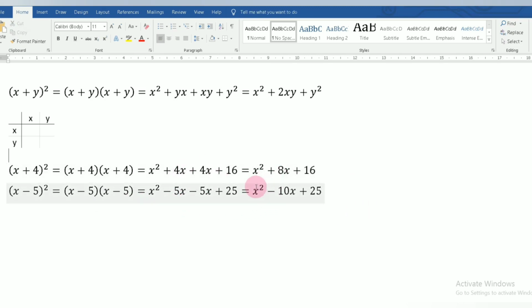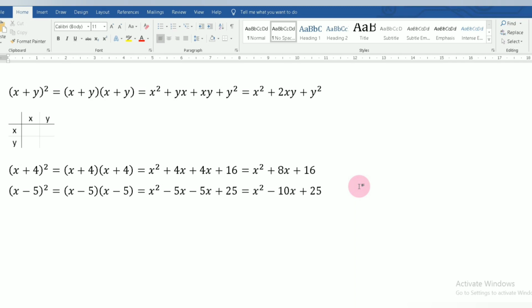In the end, it is x squared minus 10x plus 25. You can figure out there is a pattern, right? The 8 here is 2 times 4, and the 16 is 4 squared. The negative 10 is negative 5 times 2, and the 25 is negative 5 squared.